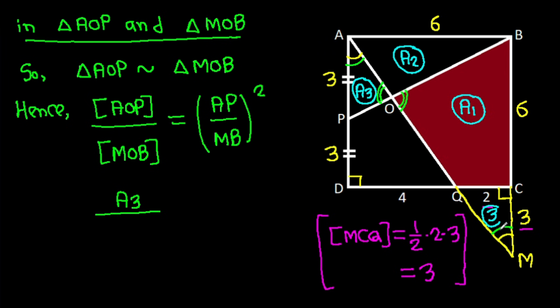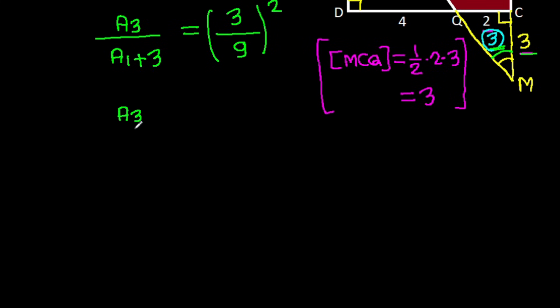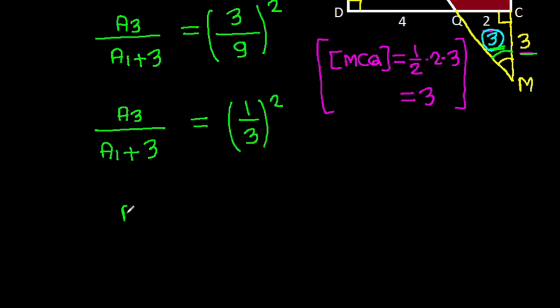This area is 3, so area of MOB will be A1 plus 3, so A1 plus 3 is equal to AP is 3 over MB is 6 plus 3, that will be 9 squared, and it is A3 over A1 plus 3 is equal to 1 over 3 squared, and A3 over A1 plus 3 is equal to 1 over 9.